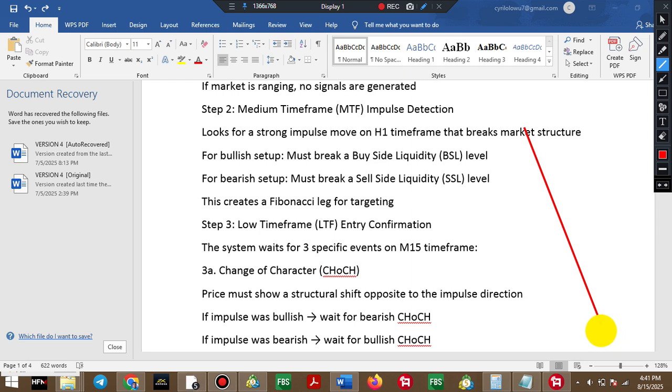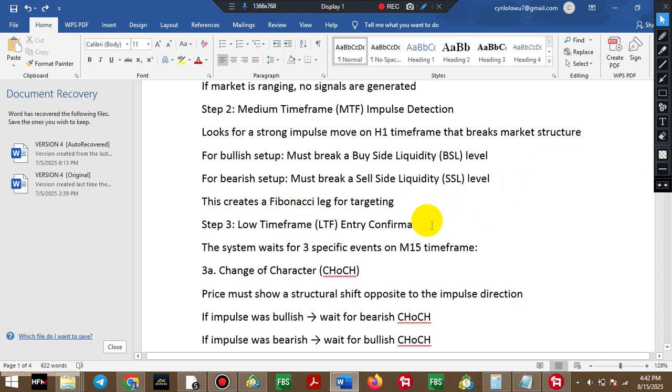Once it marks it out, it moves to the next step, which is the lower time frame, where we check for entry opportunities. Is that clear? So the next step is, after all this has been confirmed and the Fibonacci leg is targeted, it goes to the lower time frame.